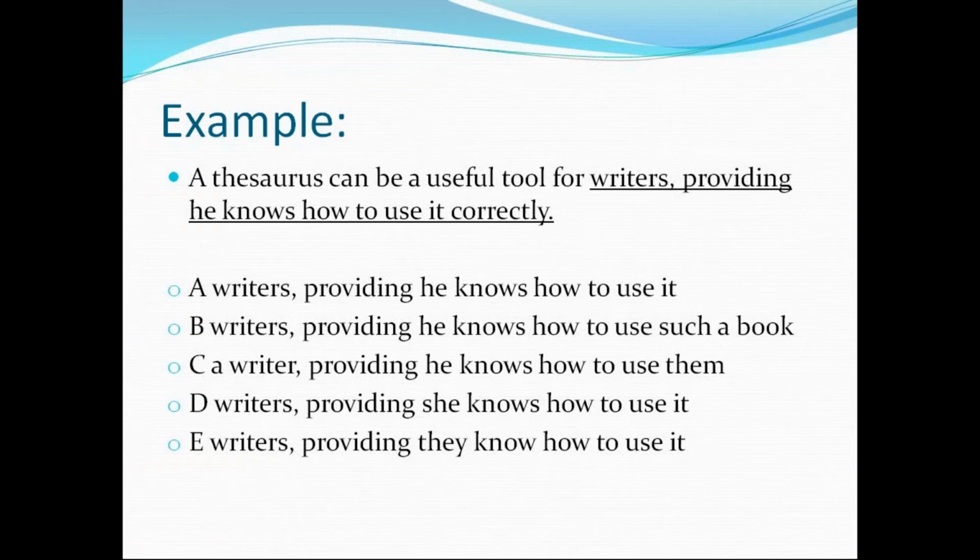So we're looking for... The bit that's underlined is incorrect grammatically. So you're looking for one of the options which makes it correct. Yes, I understand. Okay. So see if you can tell me what's wrong with the sentence first.